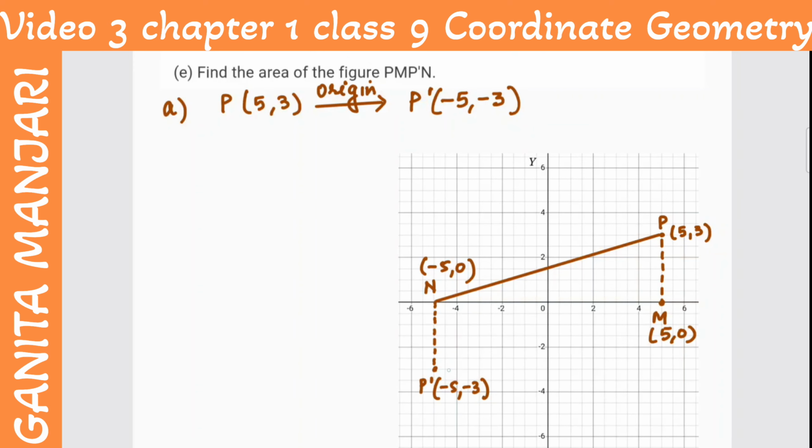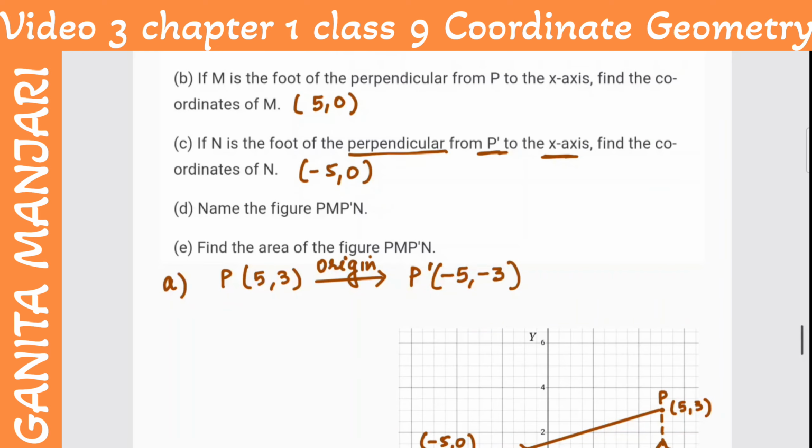You can see these are parallel. This is also parallel. So this is a parallelogram. So the D part is, PMP dash N is a parallelogram.